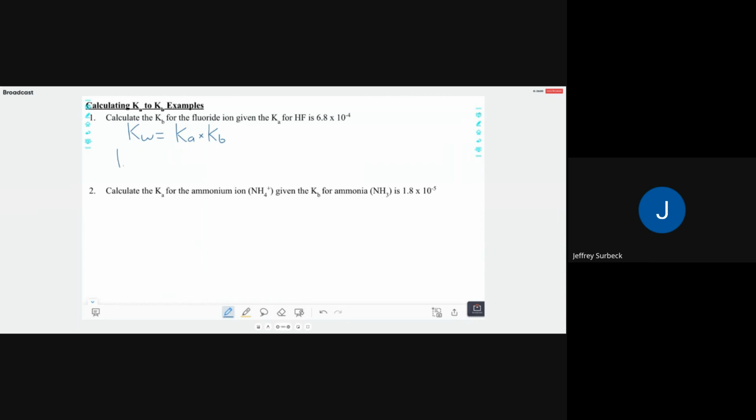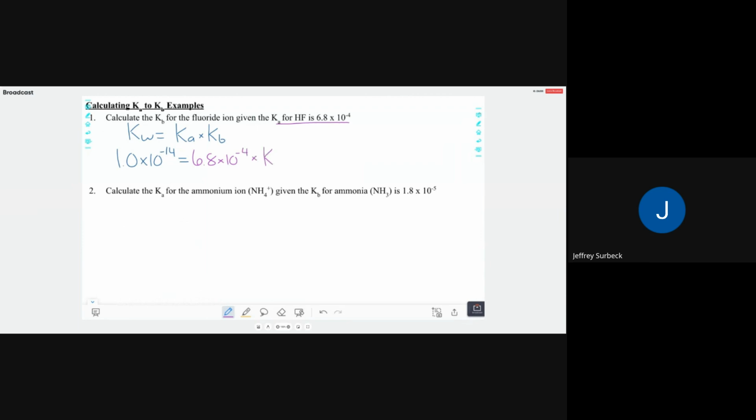It's given as 1.0 times 10 to the negative 14th, and we will set this equal to our given Ka, which is 6.8 times 10 to the negative 4th, times our Kb.